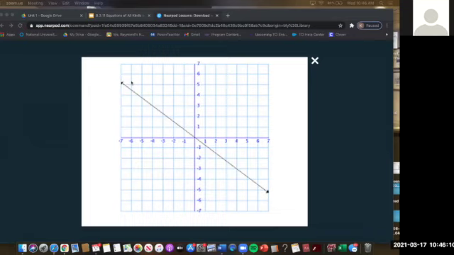Okay. So we can also tell because our y-intercept at the starting point is 5, and then our ending point is -5. So we can also tell that that's decreasing. We're decreasing on our y-axis.